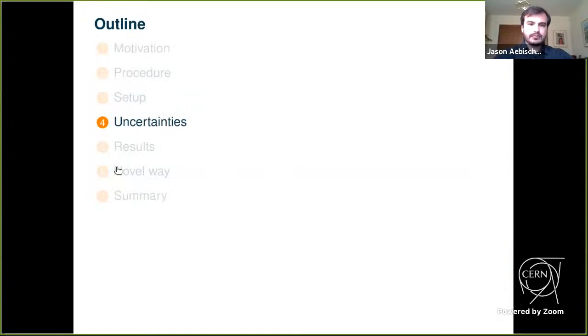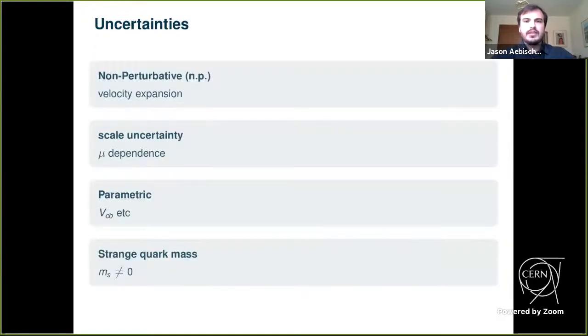Okay, now let me say a few words about the uncertainties. We do a non-perturbative expansion using this NRQCD. So this is a velocity expansion. Obviously you can always go to a higher order in velocity, and this introduces some uncertainty in the computation. Then we certainly also have a scale uncertainty, which is reflected in the mu dependence of the result.